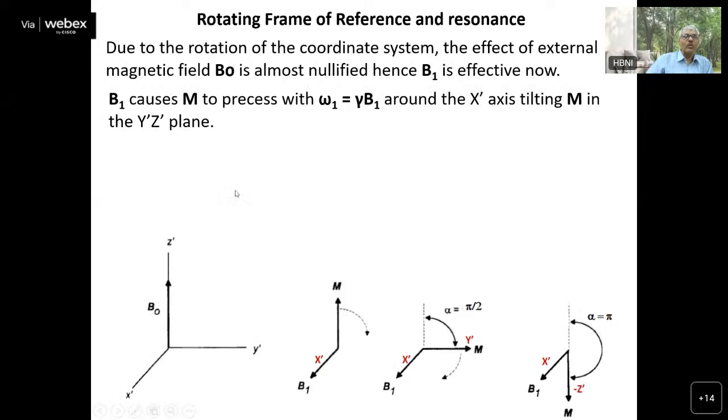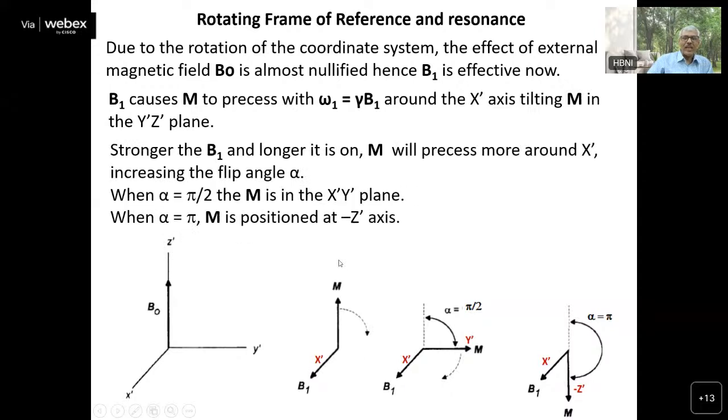Now I have already told you that once your B1 is in the X prime direction, the magnetization will precess along this X prime. Automatically it will be in the Y prime Z prime plane, which I have shown here.